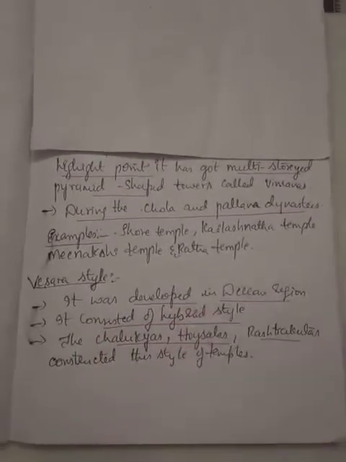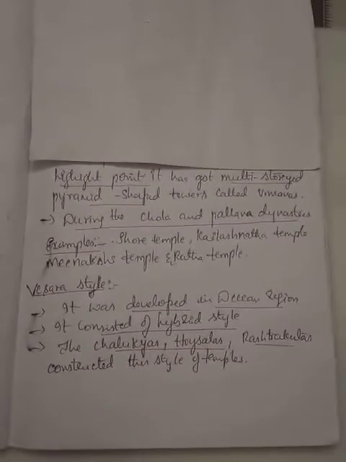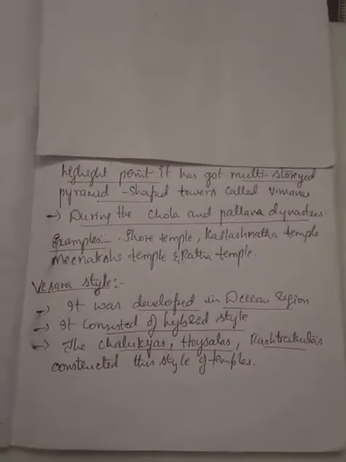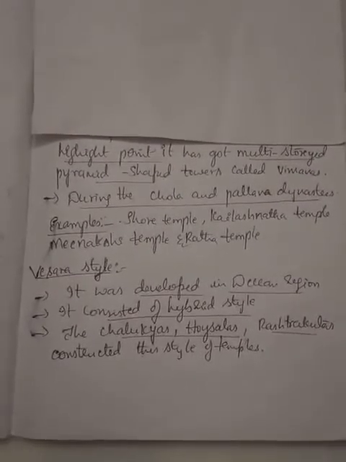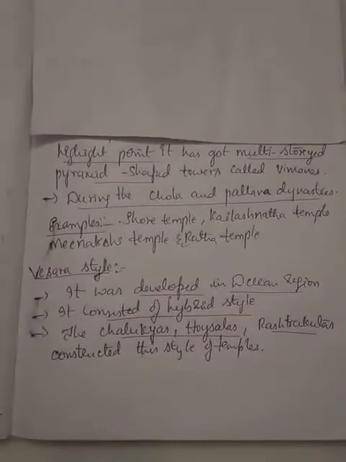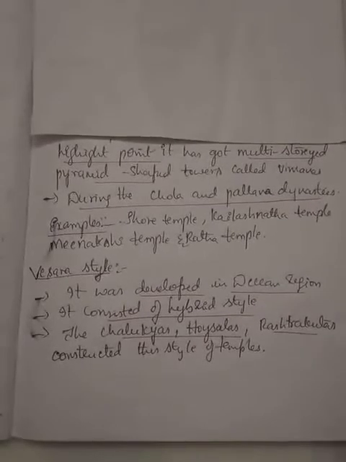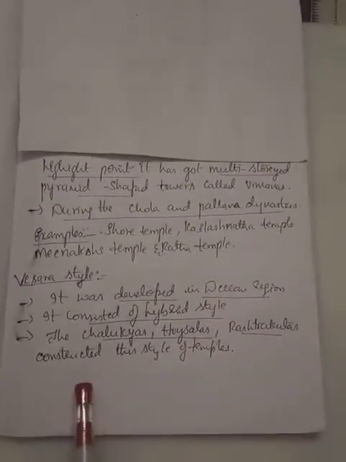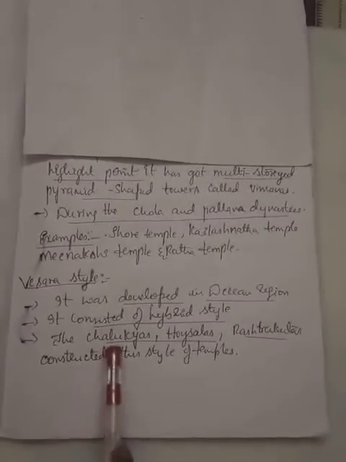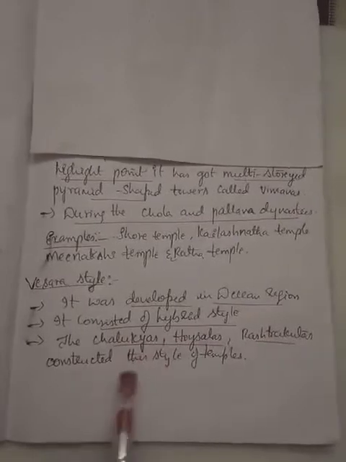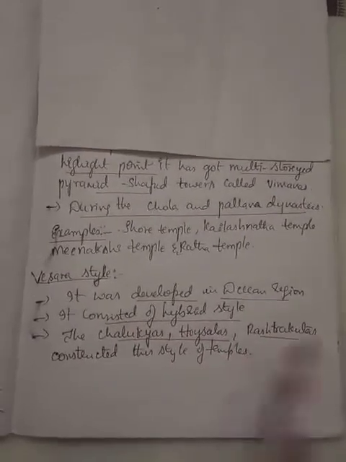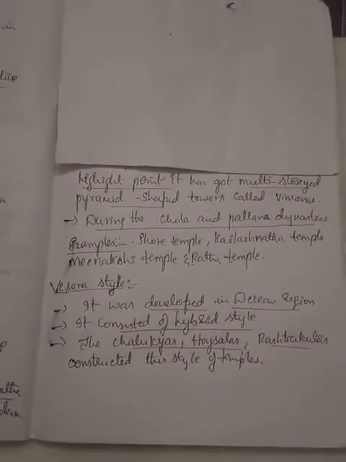Hybrid style is nothing but if it consists of more than one kind of architecture, or a mix of two or three styles of architecture, we call it hybrid style. During the rule of Chalukyas, Hoysalas, Rashtrakutas, these kinds of temples, that is Vesara styles, can be seen.